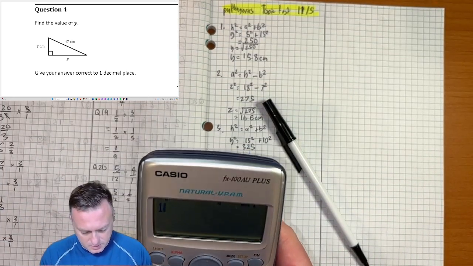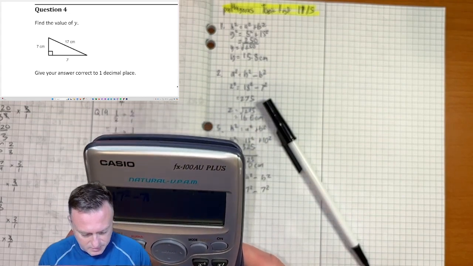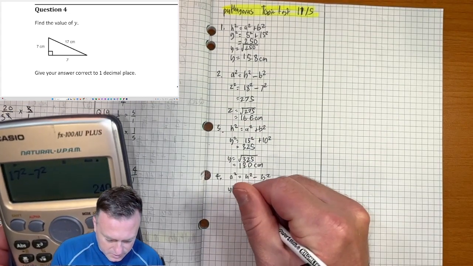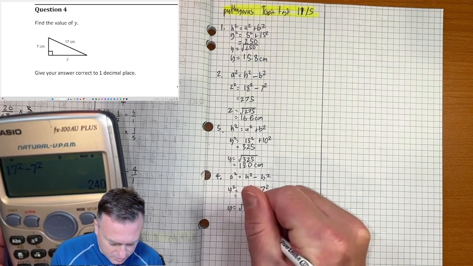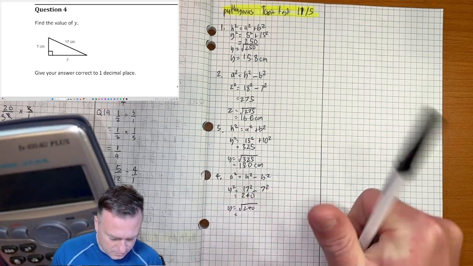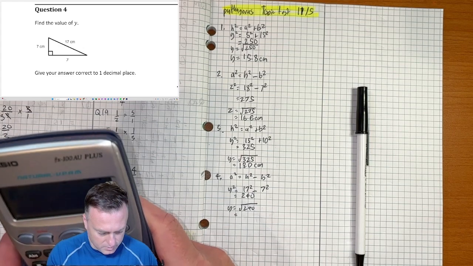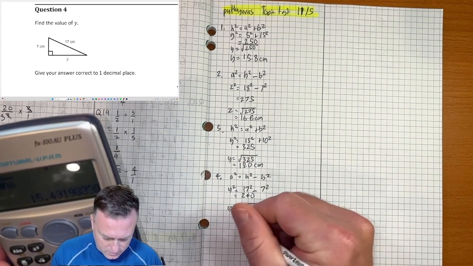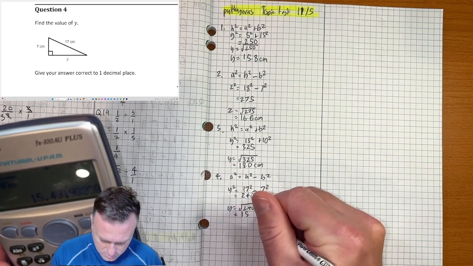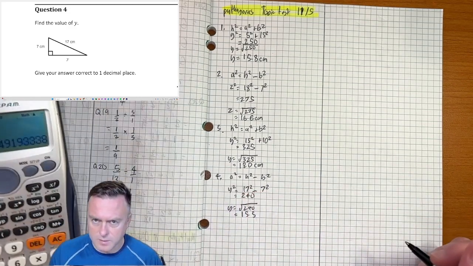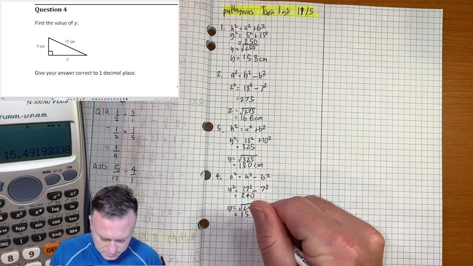Type that in. We go 17 squared minus 7 squared, which gives us 240. So then y is equal to the square root of 240. So square root that answer, which gives us approximately 15.5 centimeters.